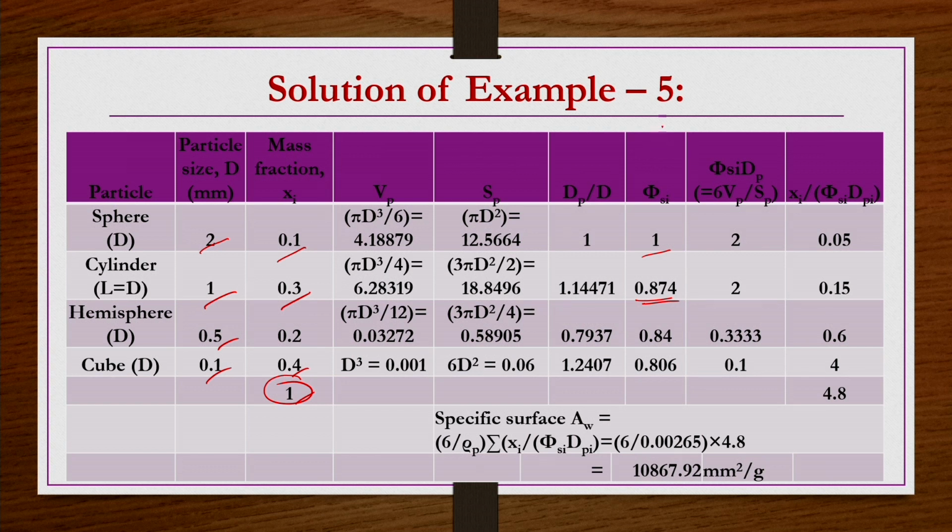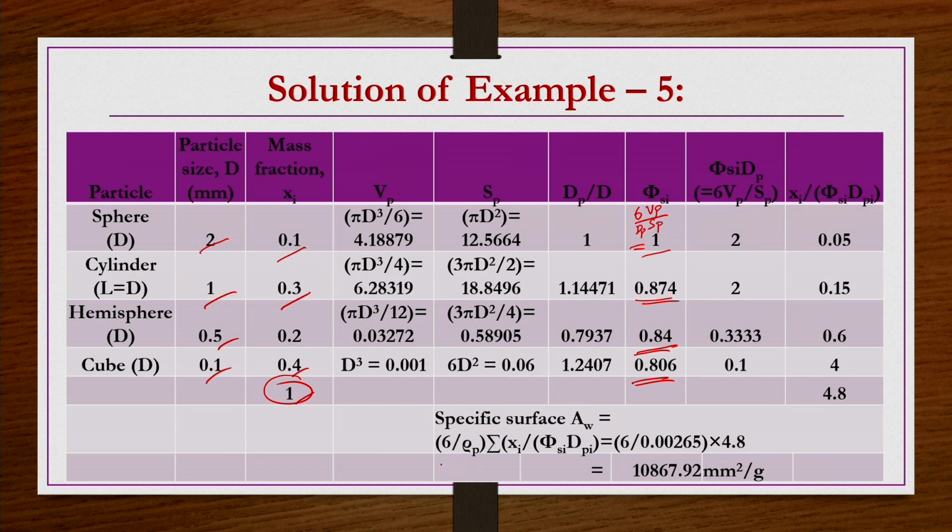So, this phi s is nothing but 6 Vp by dp Sp. When you do it for the spherical particle, it is 1, for the short cylinders 0.874, the hemisphere 0.84, and the cube 0.806. These things we have already calculated in one of the previous lectures.